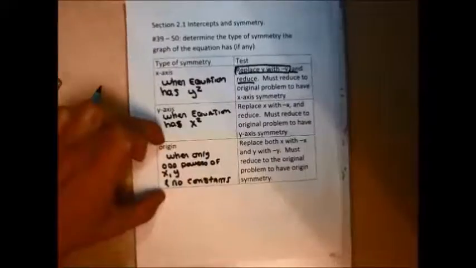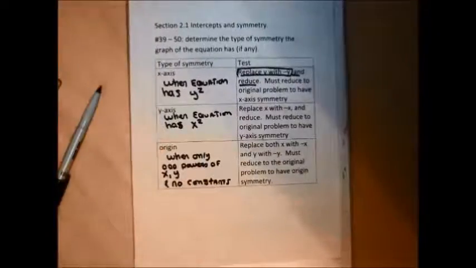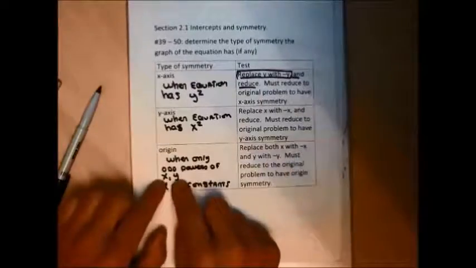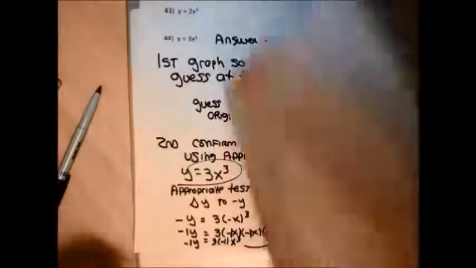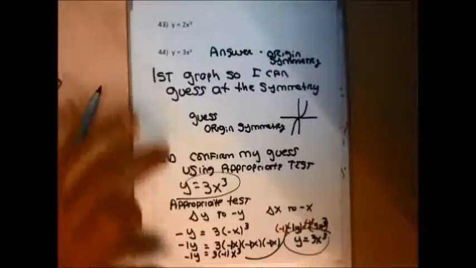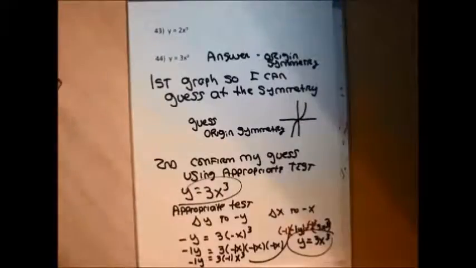The origin symmetry is the icky one, because you're double negativing and you've got odd exponents, and it just makes it a bit of a mess. Generally on a test, I don't have a habit of putting origin symmetry, but I can. It doesn't mean I don't usually put it, but it doesn't mean it can't happen.